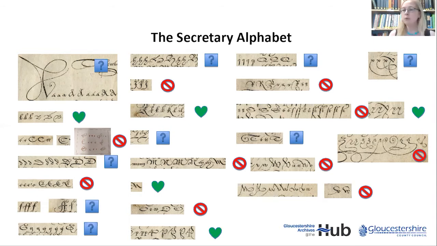So again, that can be quite embellished and quite interesting, but once you get your eye in and know that it's definitely an F, it should be quite straightforward to read.